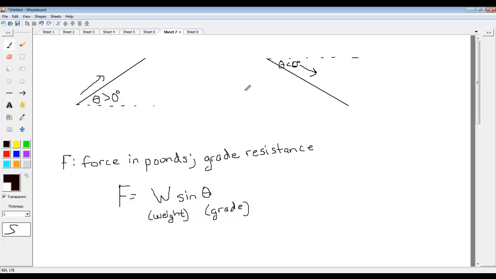So let's say you have a 5,500 pound car, and it's traveling uphill with a grade of theta being 3.9 degrees. And you want to figure out the force to the nearest 10 pounds.